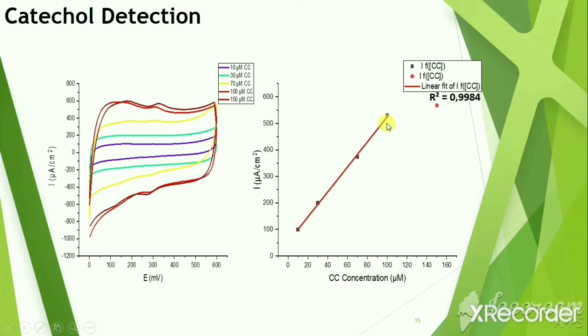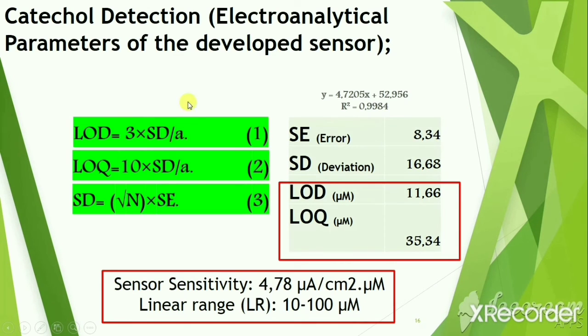After 100 micromolar of catechol, the sensor lost its linearity. So we can say that the fabricated sensor here has a wide linear range from 10 to 100 micromolar. To determine the other analytical parameters, limit of detection for example, we used these equations, using MATLAB or Excel, to find them.